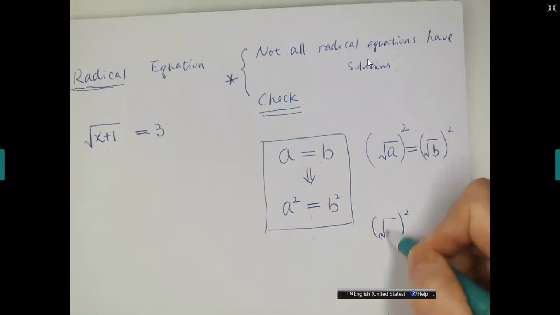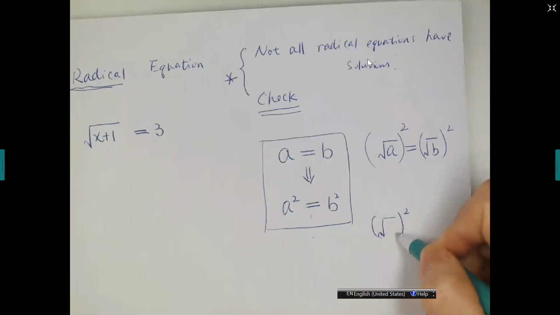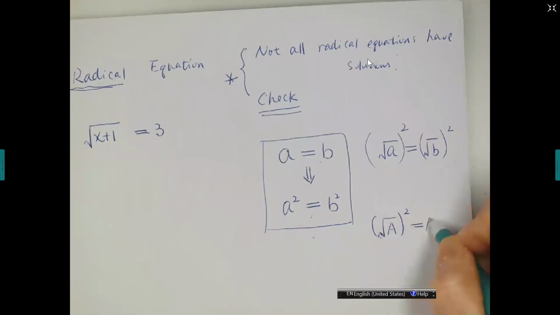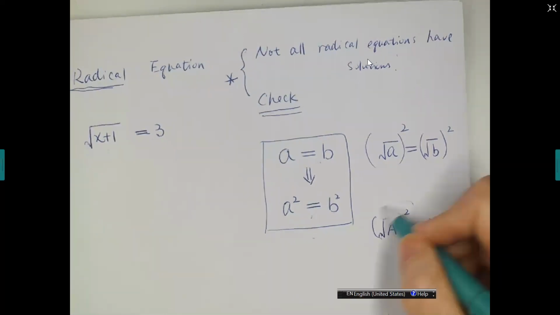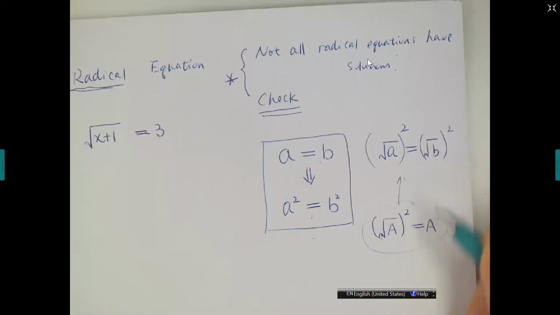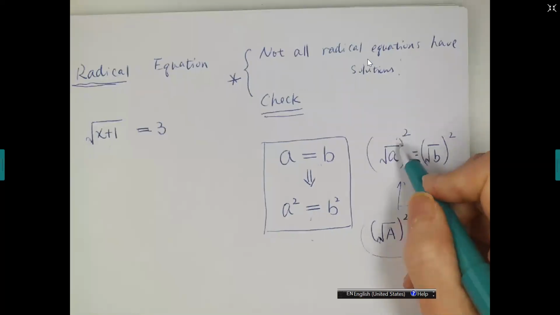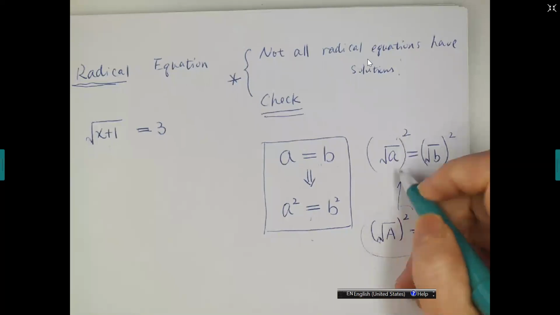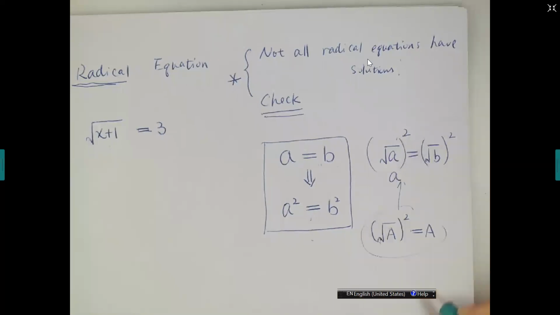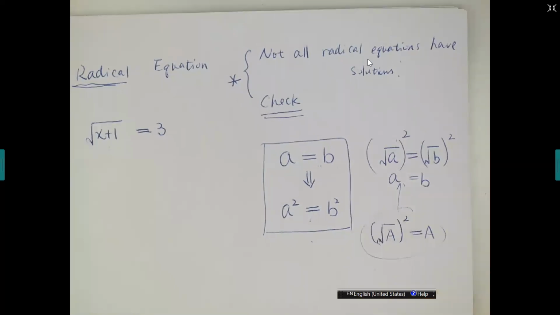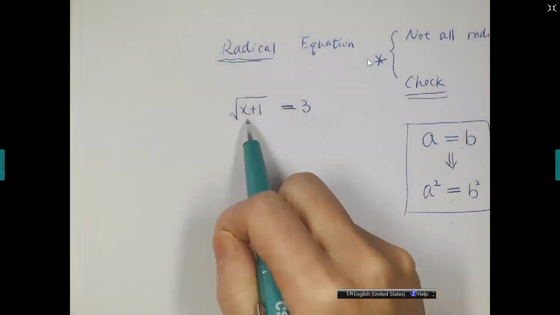Whatever is inside the radical symbol, we call the radicand. So when we raise a square power to a radical sign, we'll have the radicand. So A equals B. Having this in our mind, we'll go back to our example 1.